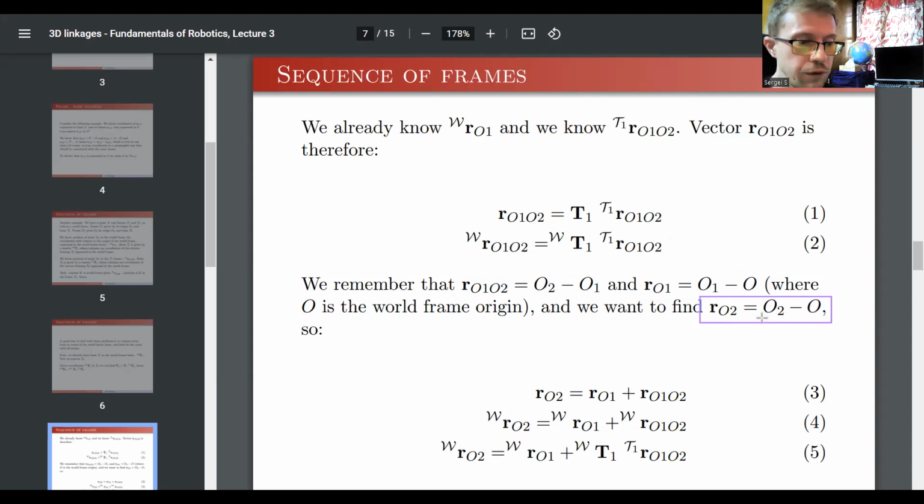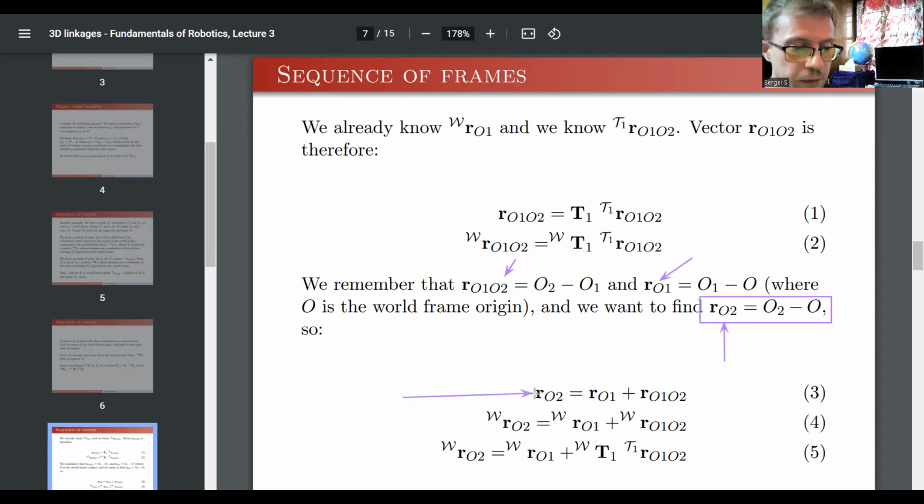Well, how do we do it? Clearly, if you look at those two expressions and you want to combine them to get O2 minus O, what you can do is sum them. So this plus this would clearly give you this. It just follows from the definitions of them, right?